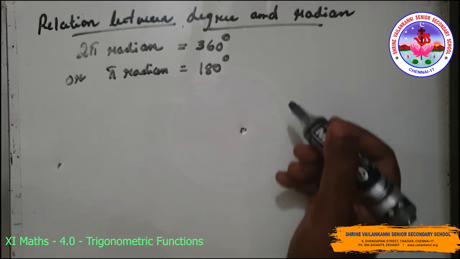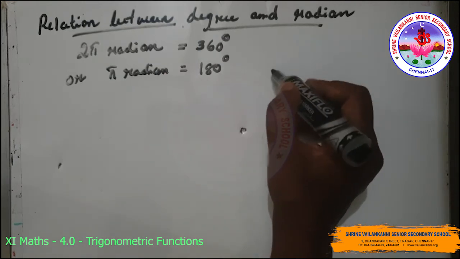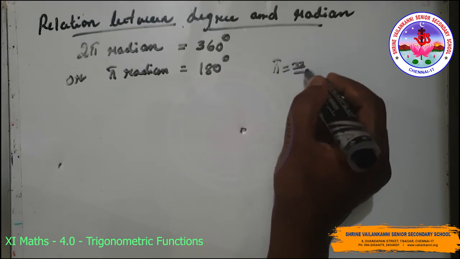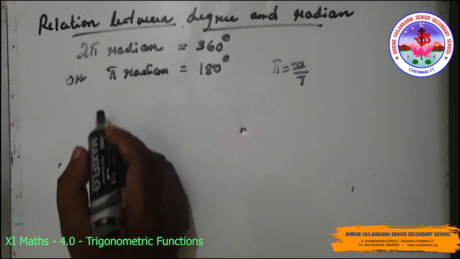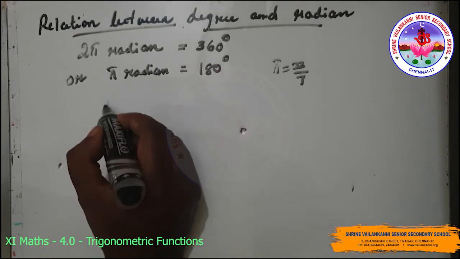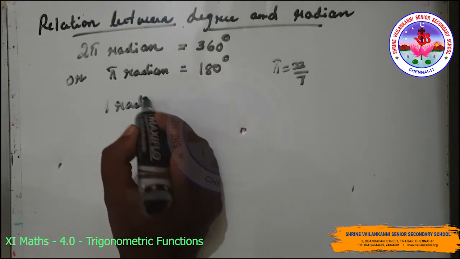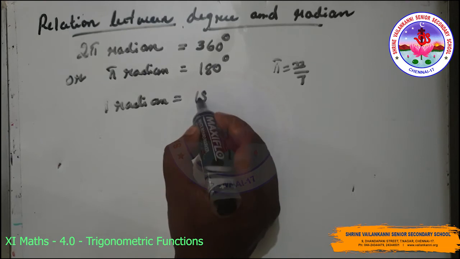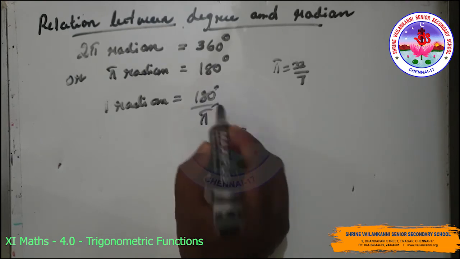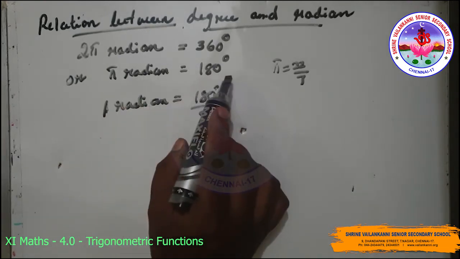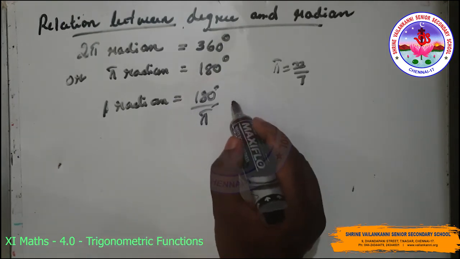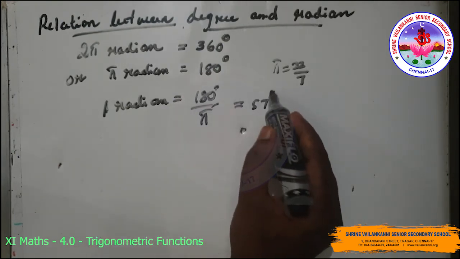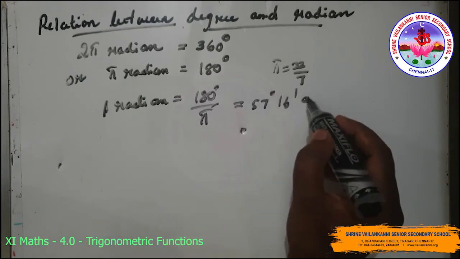Pi we usually take as 22 by 7. So 1 radian is equal to 180 by pi. Here pi radian is equal to 180 degrees, so 1 radian is equal to 180 degrees by pi, which is approximately 57 degrees 16 minutes.